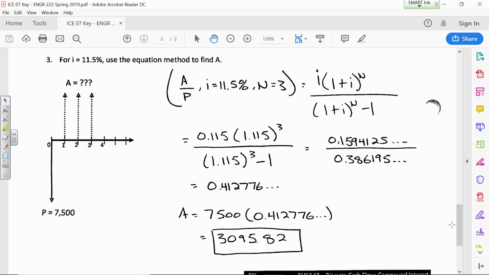But if you say, here's the summarization of the problem, find A given P for an interest rate of 11.5% per period, N equals 3 periods, is equal to, and so now I've said that that ratio is equal to this equation. Remember, inside the brackets, it's ultimately a ratio, the ratio of the annual amount to the present amount.